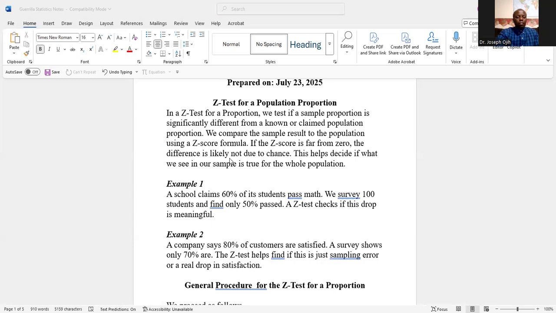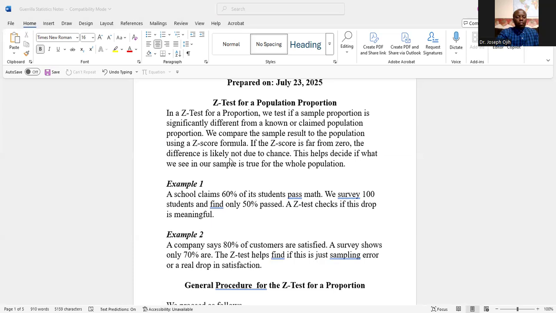We try to compare the sample result to the population using a z-score formula, which we normally call the test statistic. So in this case, if the z-score is far from zero, then we infer that the difference is likely not due to chance. What do we do with this? Well, it helps us to decide if what we see in our sample is true. I mean, if we can generalize it for the whole population.